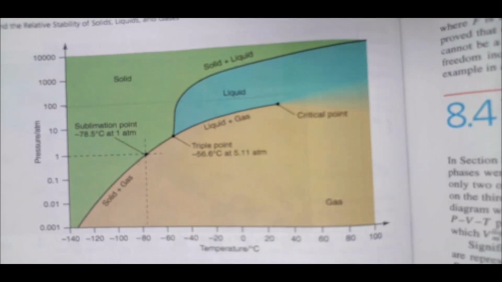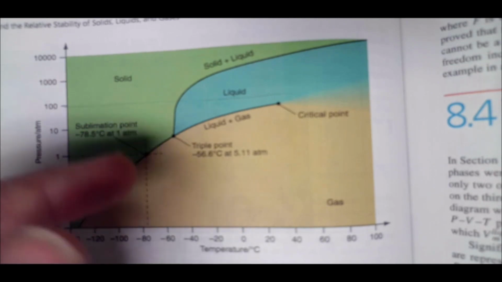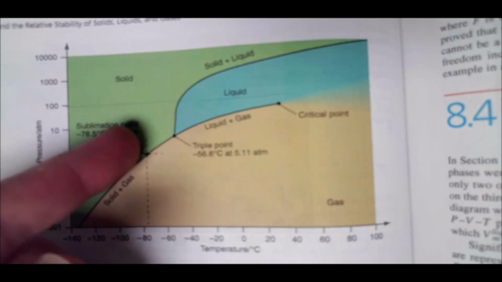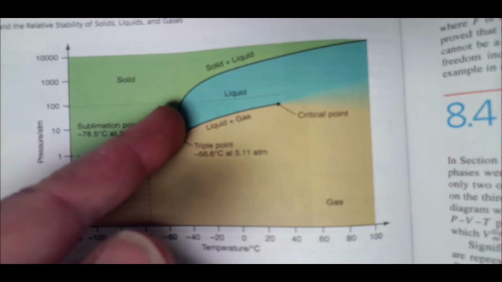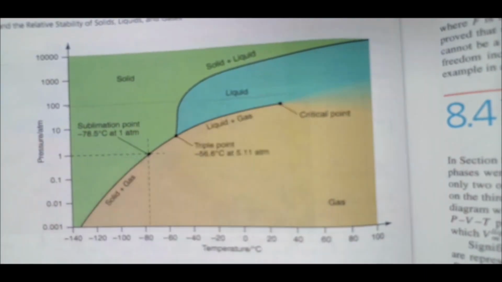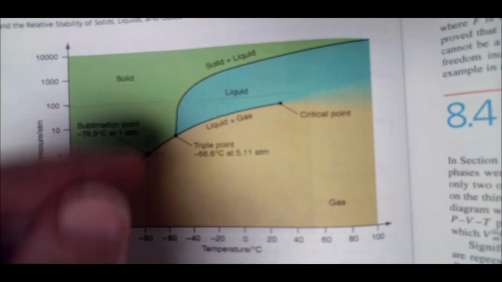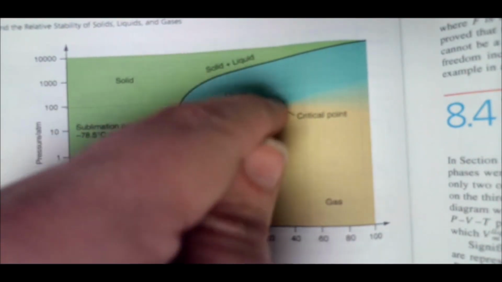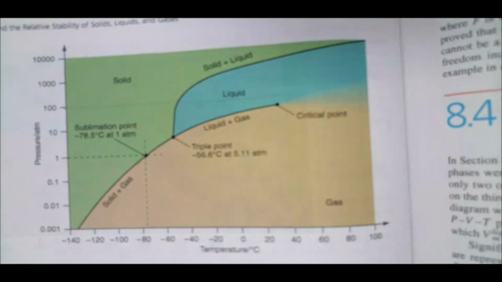Then it said liquid is observed between 10 and 50 atmospheres. We can go anywhere from about negative 50 to approximately the triple point, which is about negative 57 degrees or so. So we're just trying to limit ourselves into this range before the critical point.